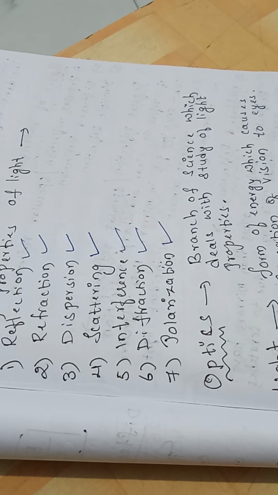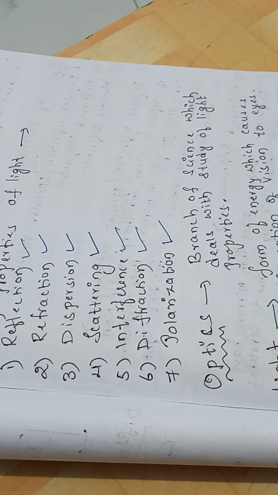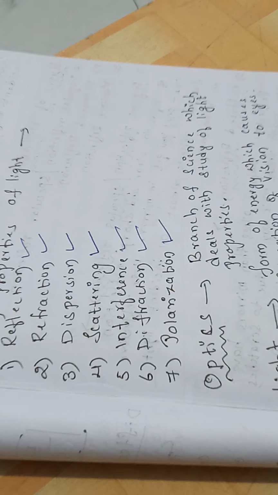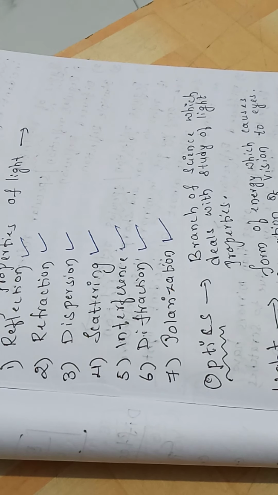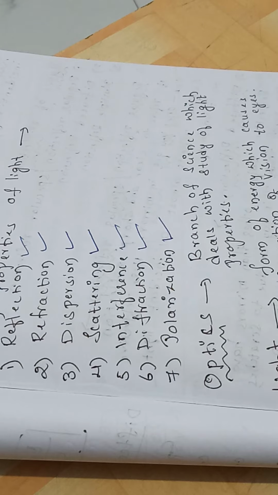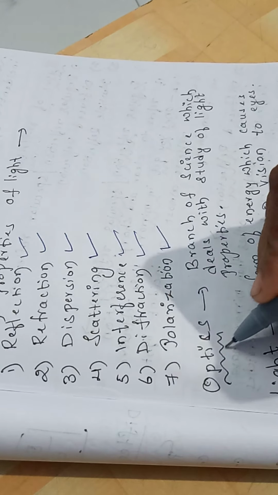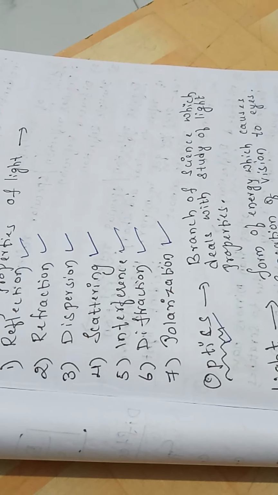So these are the 7 properties of light. Now the branch of physics which deals with these properties of light, we call it as optics.